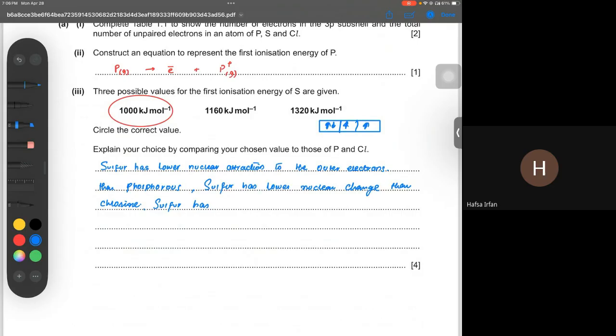So sulfur has two electrons in the 3p orbital, which results in spin pair repulsion.